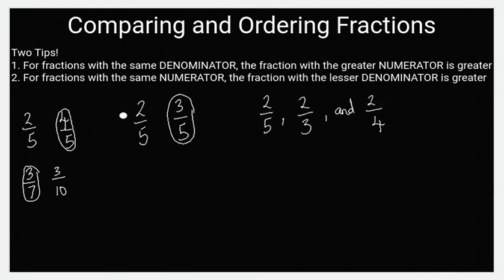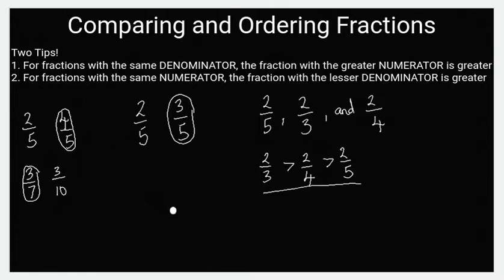And remember the second tip, for fractions with the same numerator, the fraction with the lesser denominator is greater. So we're ordering this from the greatest to the least. We'll start with the fraction with the lesser denominator. That will be 2 over 3 is greater than 2 over 4. It's greater than 2 over 5. So this would be a good way to order it.